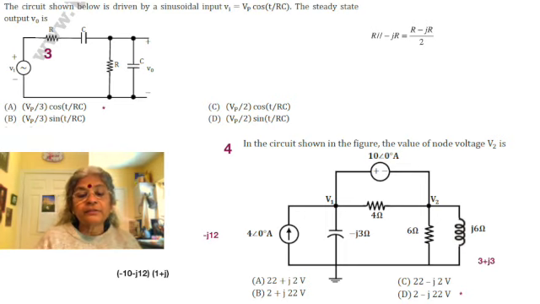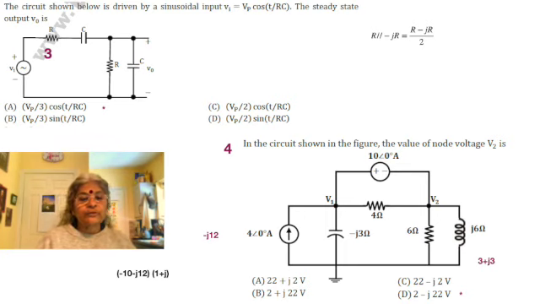If you look at the reference, it is minus 10 minus j12. And that is going to be divided by the impedances in series, which are 3 plus j3 and 3 plus j3 and minus j3.